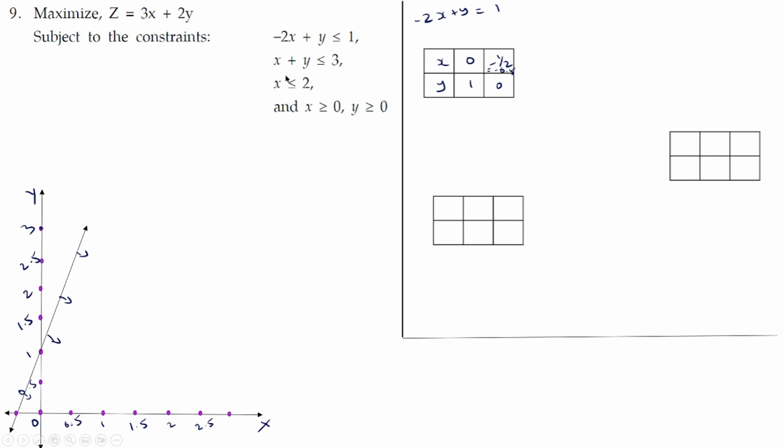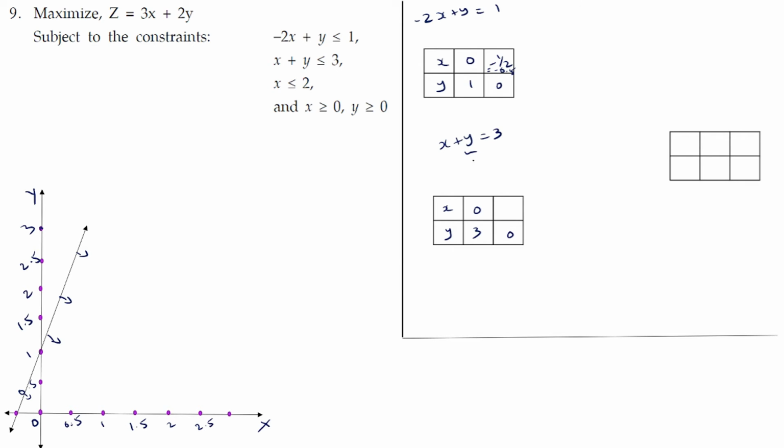Next we have the next inequality, x plus y less than or equal to 3. Now to know the region corresponding to x plus y less than or equal to 3, let us draw the line x plus y equal to 3. To draw this line, let us take x as 0, then y will be 3. The next point, let us take y as 0.